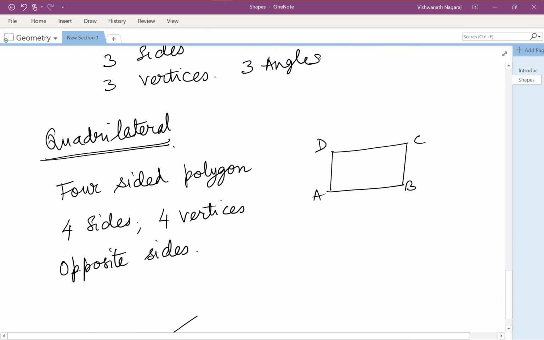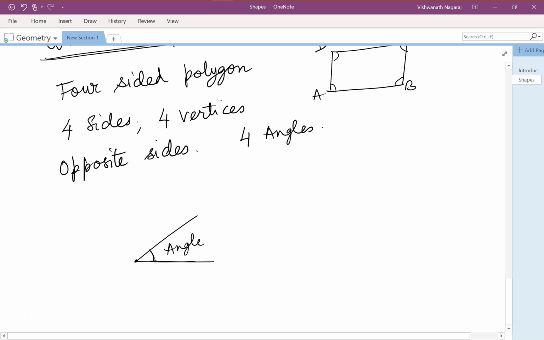Similarly, here you have an angle here, you have an angle here, here and here. So it has four angles. So just like you have opposite sides and adjacent sides, you have adjacent angles and opposite angles.